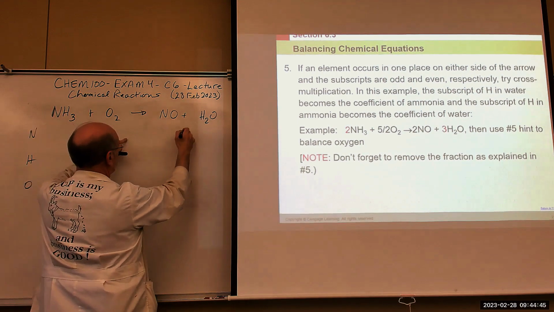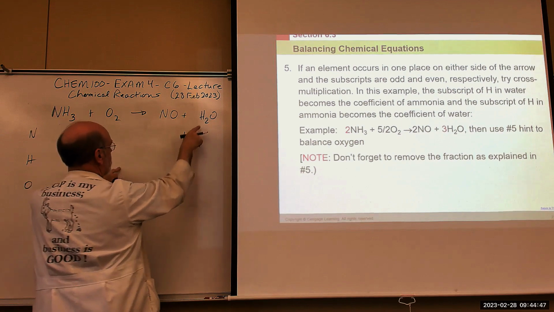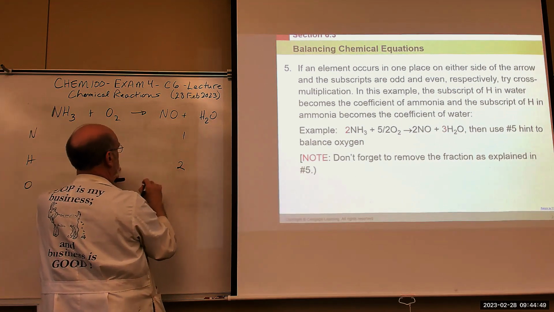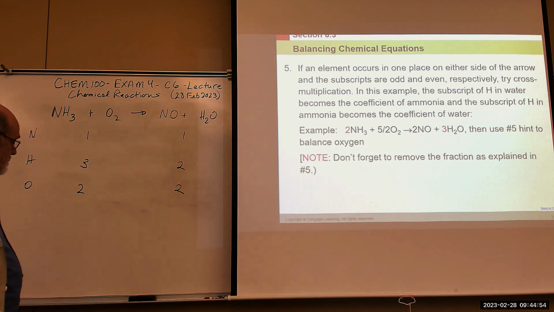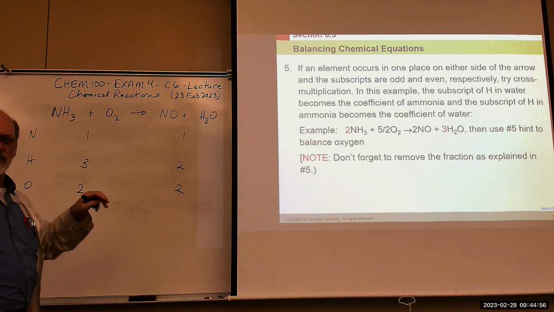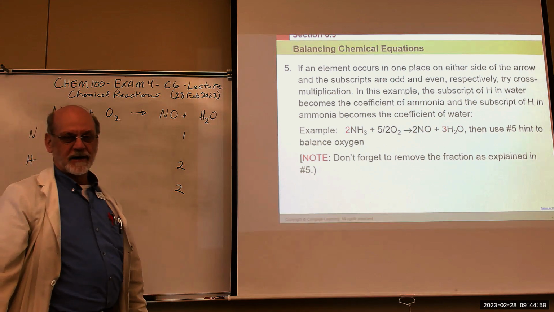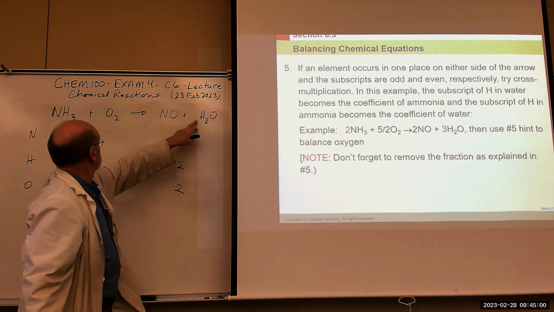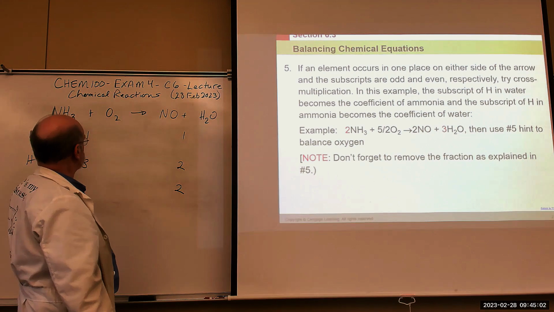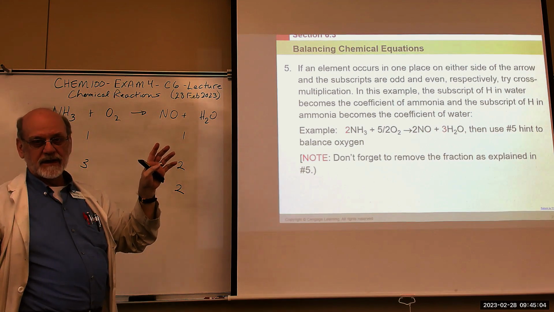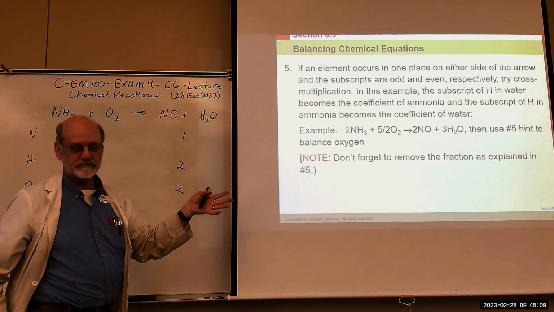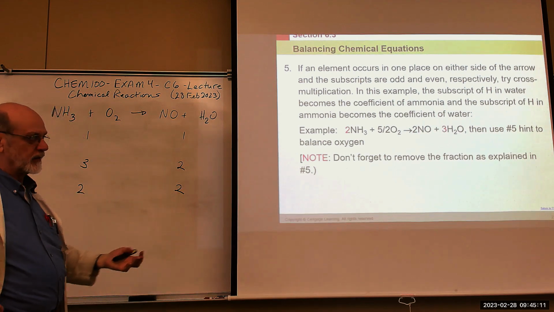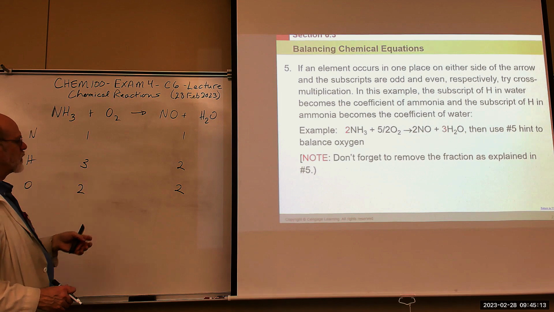On this side, we have 1 nitrogen. We have 2 hydrogens. And we have 2 oxygens. Okay. So it looks like the hydrogens are the only ones that are out of whack. But hydrogen here is in a compound. Hydrogen here is in a compound. So anything we do to adjust the hydrogens is going to mess the rest of them up, which is unavoidable. So here's what we're going to do.